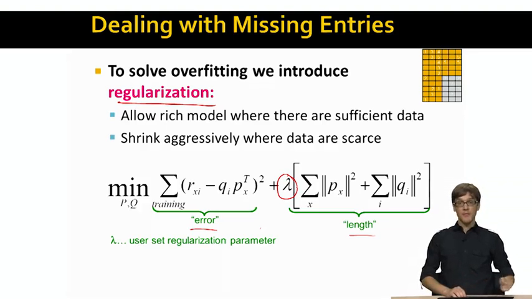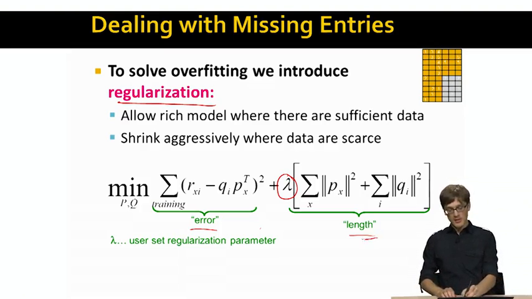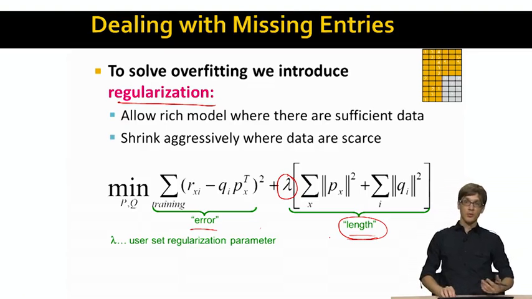For example, if we don't really care about making good predictions, but we care about our model being very simple, then we would set lambda to be very high, and all that would basically force is that P and Q would be full of zeros, and this way, again, we would reach a small value of the objective function. Of course, where we want lambda to be is somewhere in between, in some kind of sweet spot.